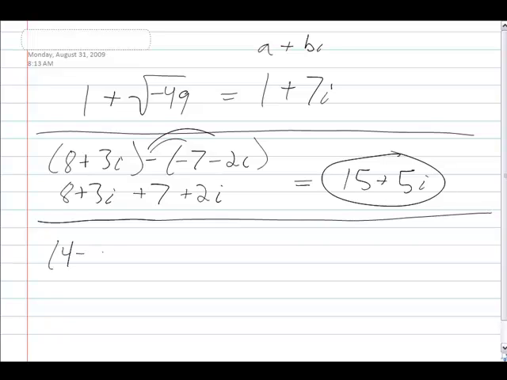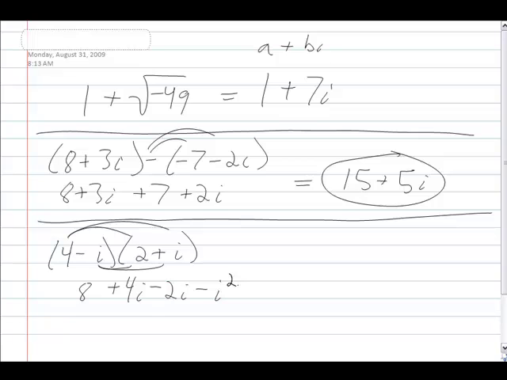Now let's say we have 4 minus i times 2 plus i. So to do this, we're going to need to FOIL. So we're going to get 8 plus 4i minus 2i minus i squared. If we combine like terms, we get 8 plus 2i minus i squared.